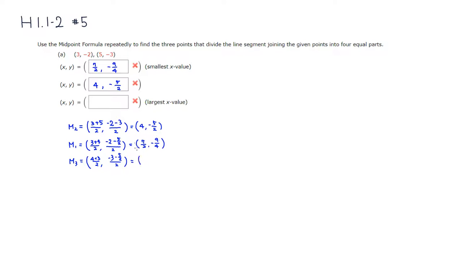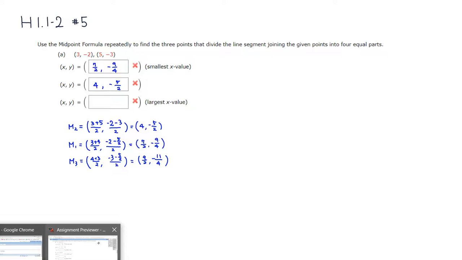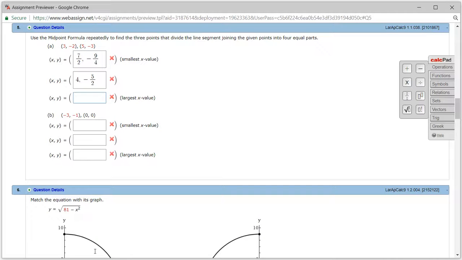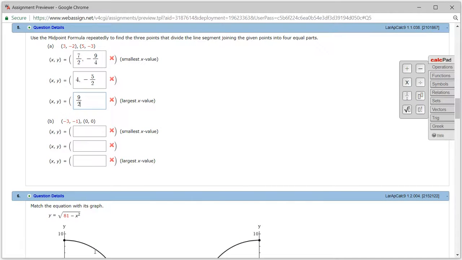This is going to be 9 over 2, comma, and negative 3 is negative 6 over 2, so 6 plus 5 is 11 over 2 over 2, so it's going to be over 4. Let's type it in. We got 9 over 2, comma, negative 11 over 4.